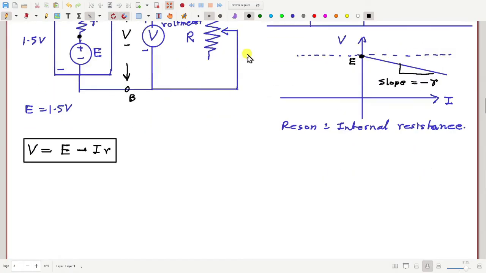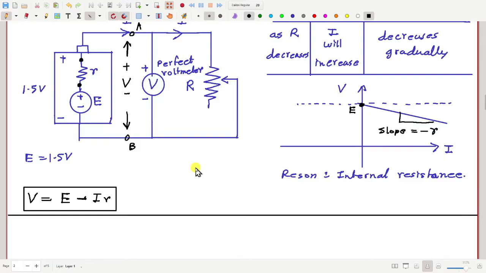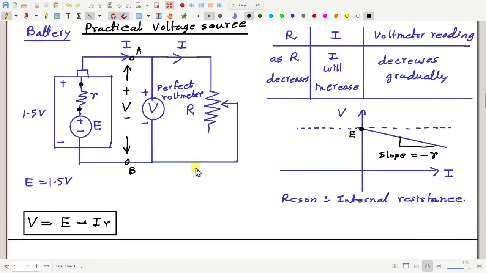Sir, one question I had. Yes, please. The value of I is also dependent on V, right? I can also write I is equal to E divided by capital R plus little r, correct?